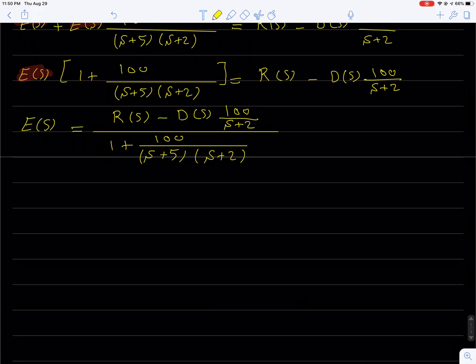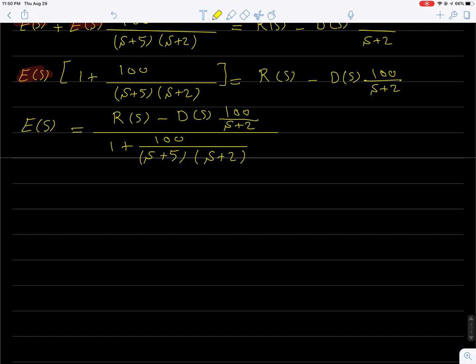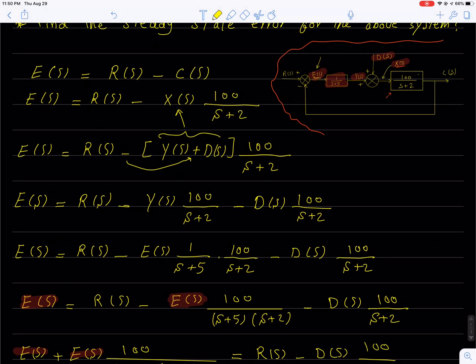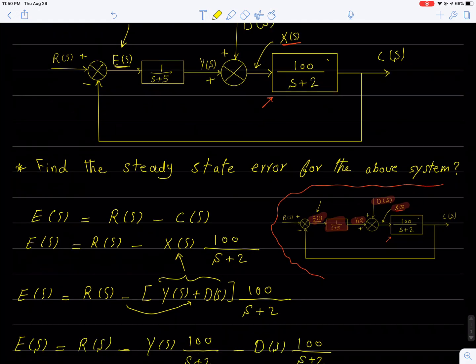Okay, now that we found E of S, we need to find the steady state error, as it says in the question. Find the steady state error for the above system.